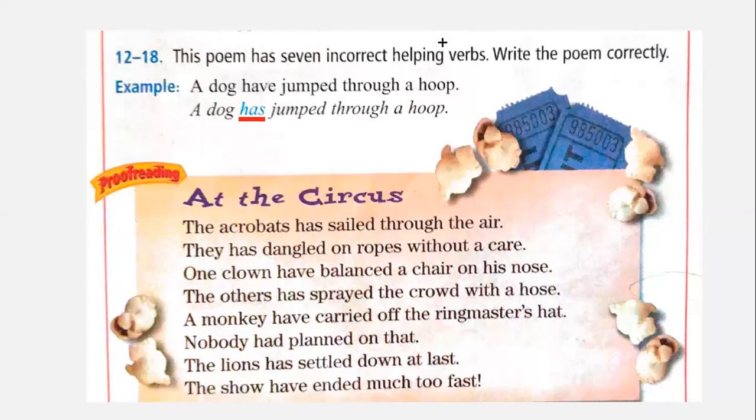Okay? So at the circus is the topic. The acrobats has sailed through the air. Read it again. The acrobats has sailed through the air. Is there a mistake in that first sentence?